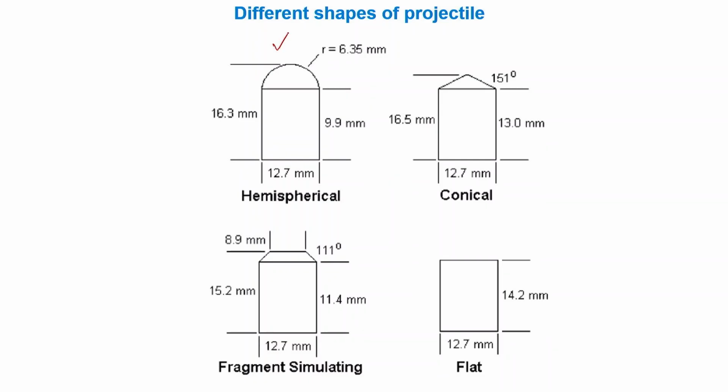This is the hemispherical, at the tip the shape will be hemispherical. Typically for a standard bullet, the radius of the hemisphere is 6.35 millimeter, the length here is 9.9 millimeter, the diameter is 12.7 millimeter and the overall length is 16.3 millimeter.